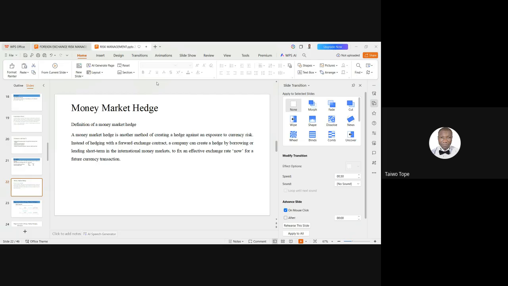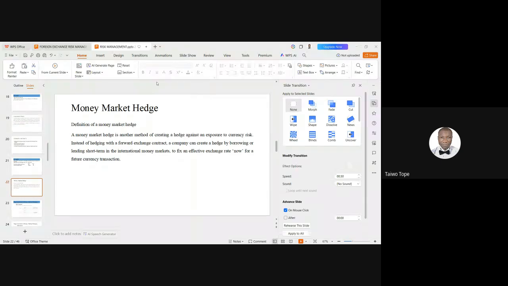So by the time you want to hedge using money market, either you borrow or you deposit. We are going to see the two scenarios where these two activities play out. The essence of this money market is for you to borrow or make a deposit of money now, to fix payments and receipts in a domestic currency.